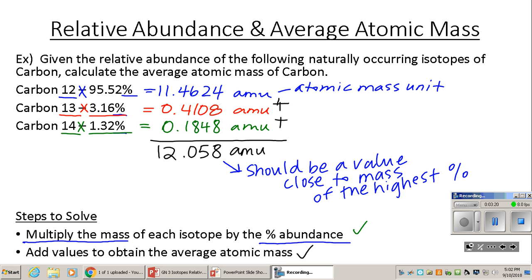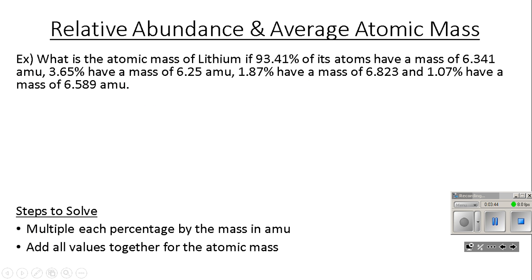Okay. And that should really make sense. 95.52% of all these isotopes weighed 12 atomic mass units. And our average was just a little bit over 12 because we had a few that weighed 13 and a few that weighed 14. So that dragged it up just a little bit. But for the most part, everything was there right on at our 12 for average atomic mass.